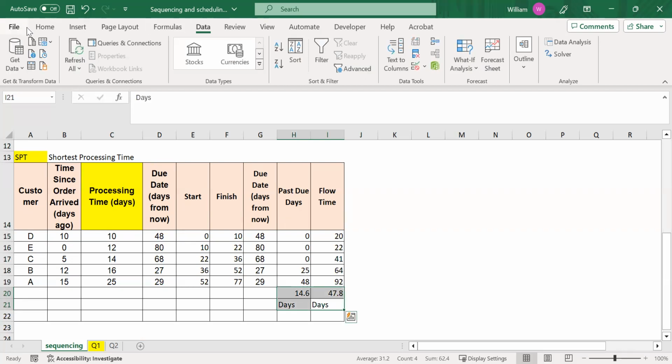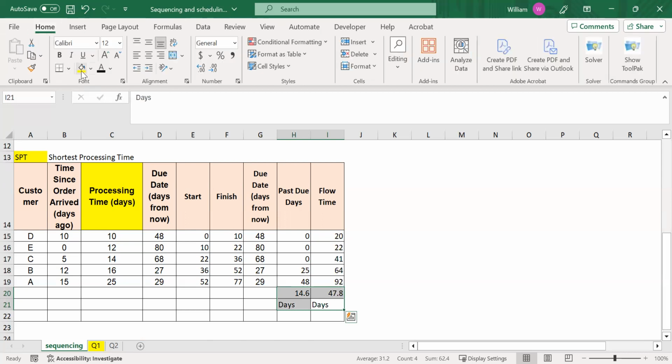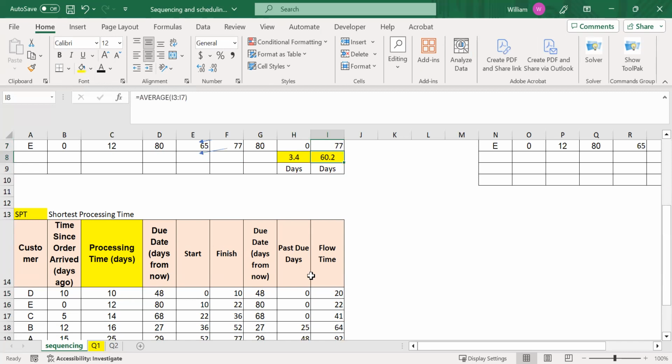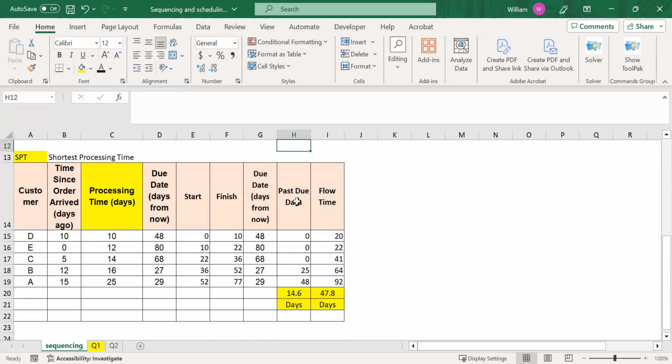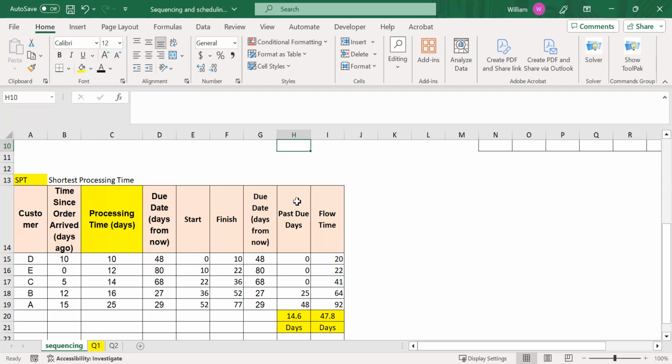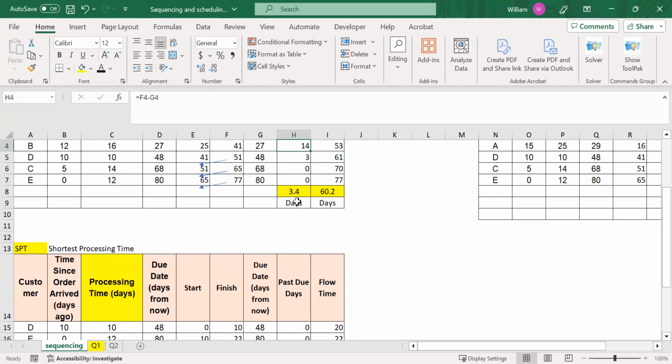Okay. So now we've finished all 3 tables. I want to compare the numbers for the 3 tables here. Okay. With regards to past due dates, this shortest processing time here has 14 days. So that means that the average customer has to wait an extra 14 days beyond what was promised. That's way more than 3.4 days.